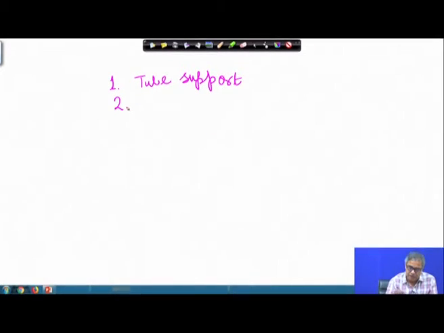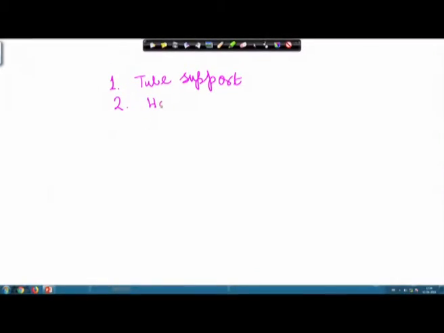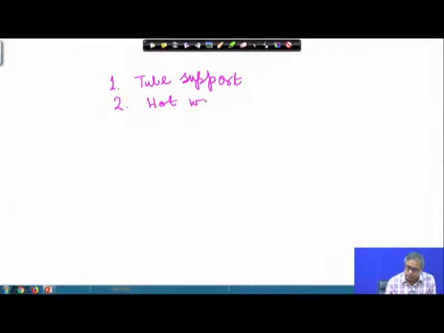Then second thing, that condensate should collect at the bottom of the surface condenser, and then from there it has to be taken out of the condenser. So, there is something called hot well in the surface condenser. The hot well design is also to be done when we are designing the surface condenser.